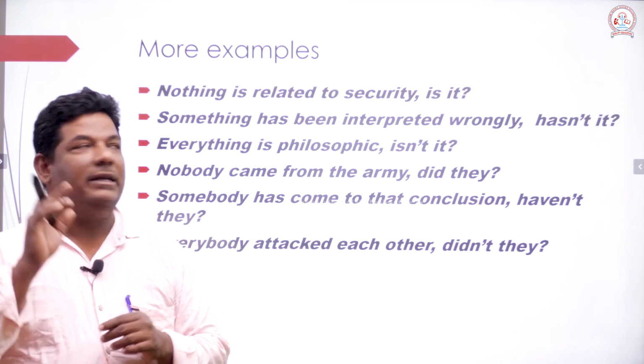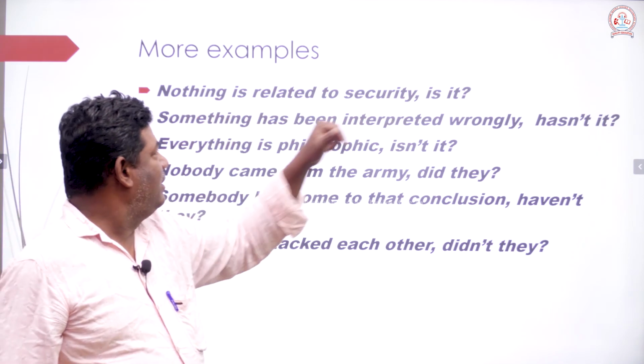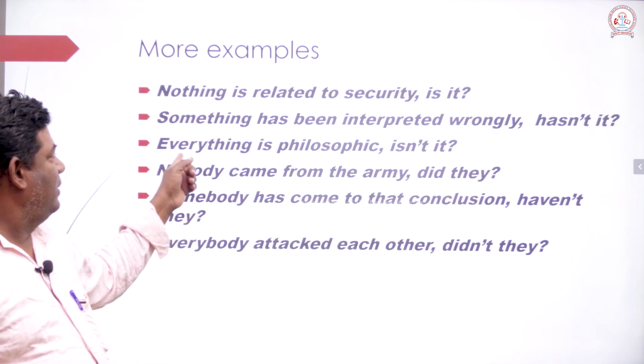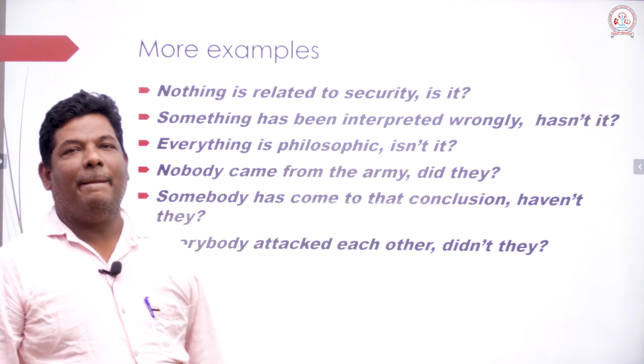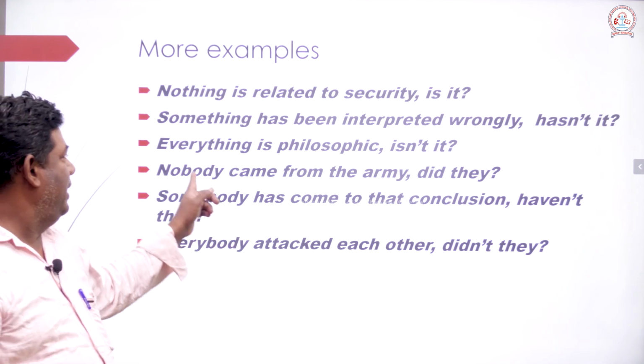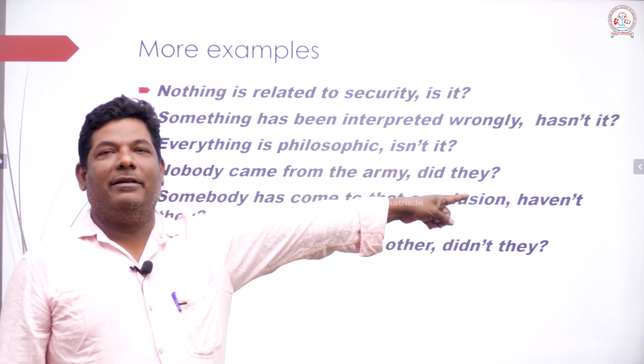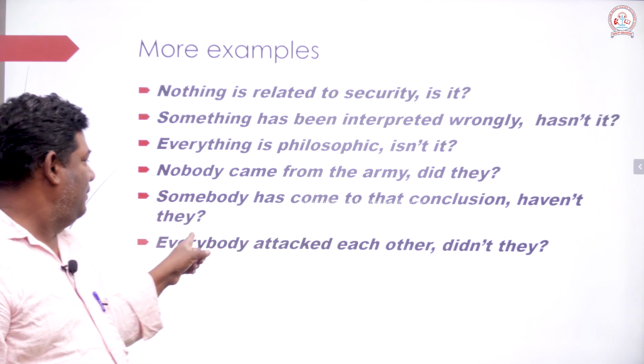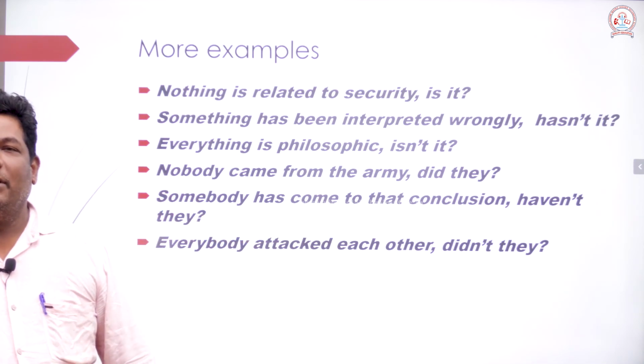Nothing takes it, right? Then something takes it. Everything takes it as the pronoun. Nobody takes they. You have to write they. And somebody also, they only. And everybody also, they only.